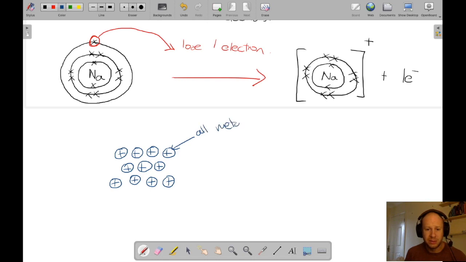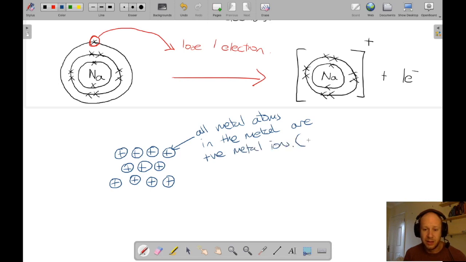All metal atoms in the metal are positive metal ions. They've all lost electrons. But where have those electrons gone? There's nowhere for them to jump to. So in fact, they actually just stay around the ion. But they're no longer stuck in the atom. They're free to move wherever they want.